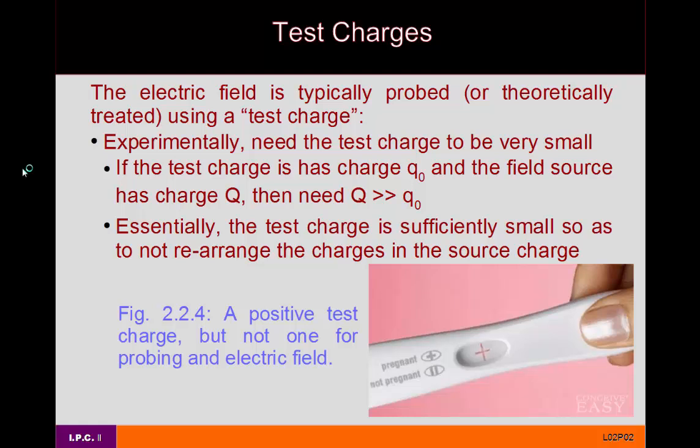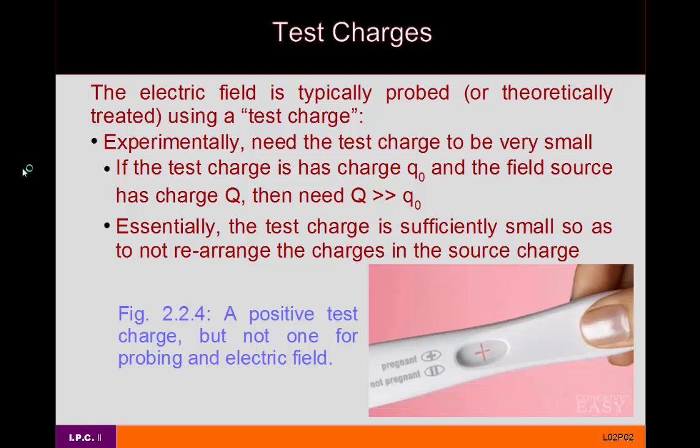A test charge is supposed to be used for measuring the strength of the electric field. Experimentally, we need a charge that's very small compared to whatever the source is that's generating the field.